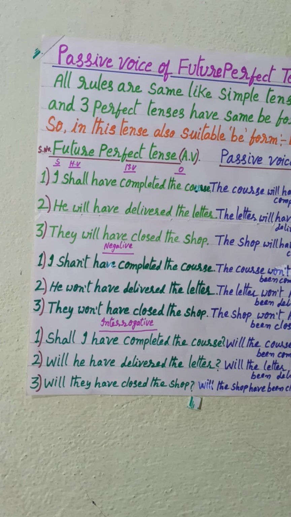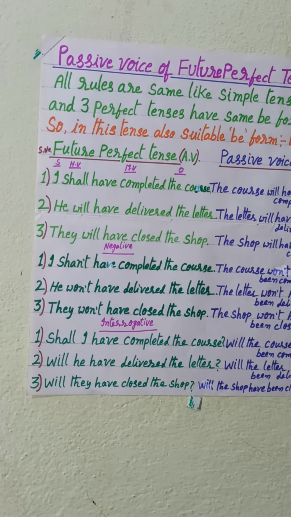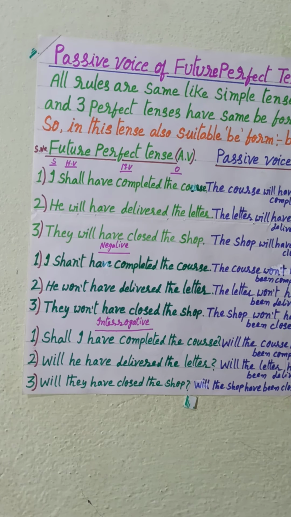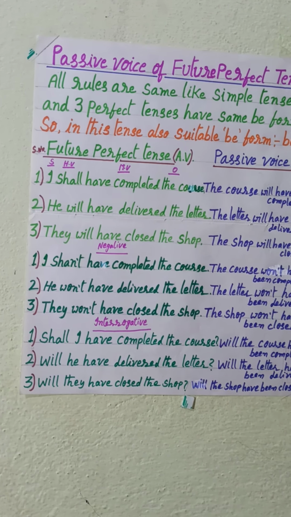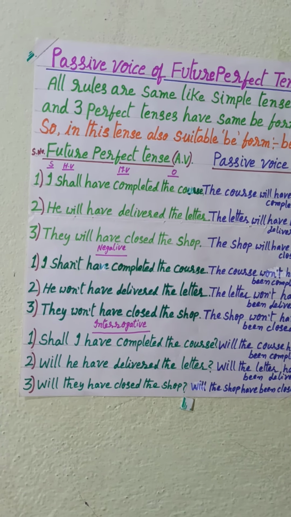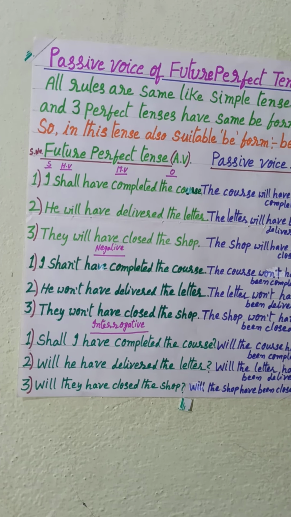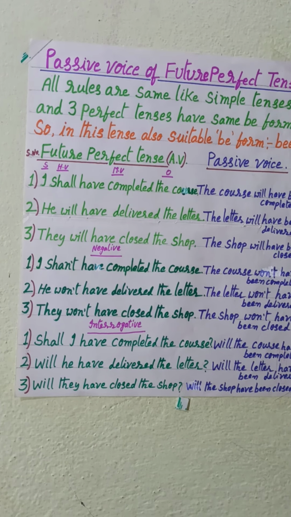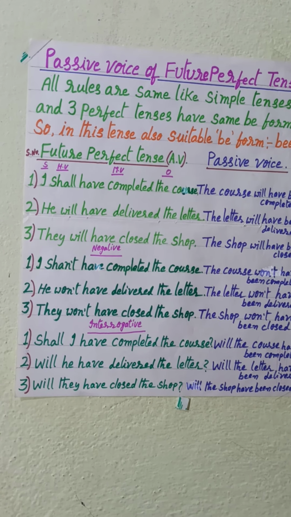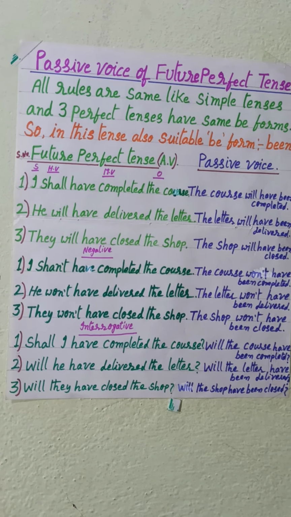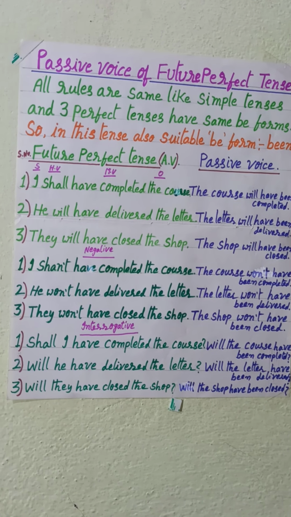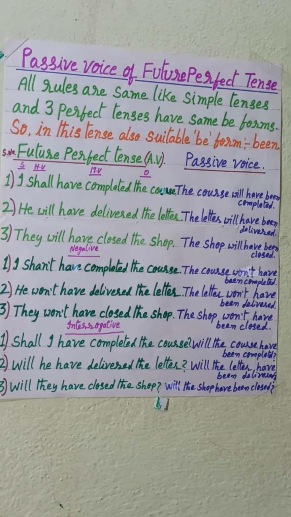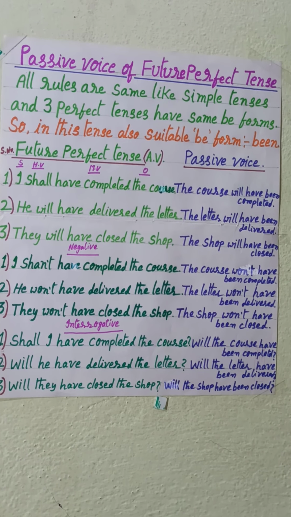Shall shows future, have completed shows perfect, so it is future perfect tense, that is active voice. I shall have completed the course. The passive voice: the course will have been completed.